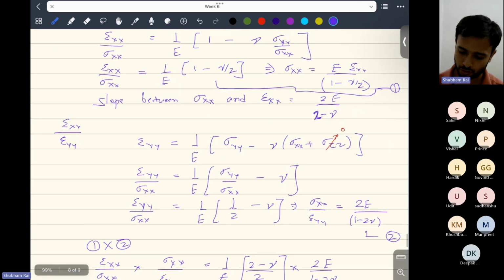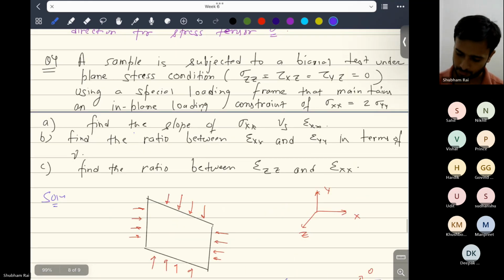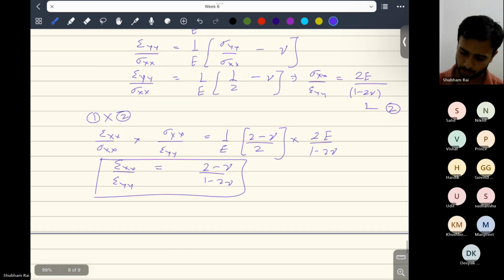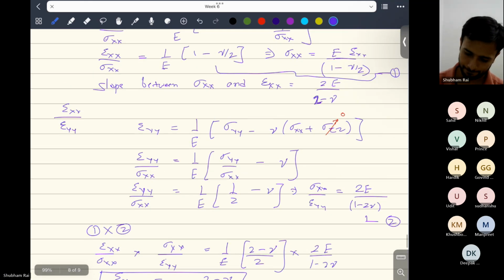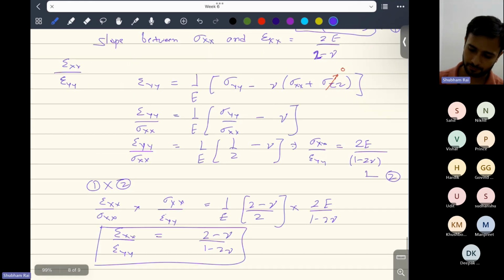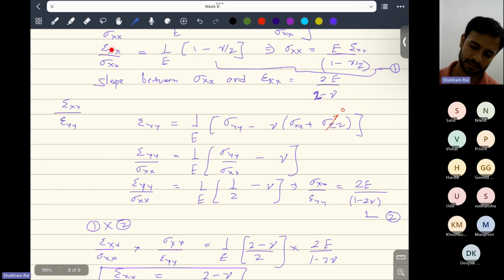Now you have to find the ratio between epsilon zz and epsilon xx. So that means you have to find epsilon zz over epsilon xx. So you have sigma xx over epsilon xx. I'm just writing this expression again.